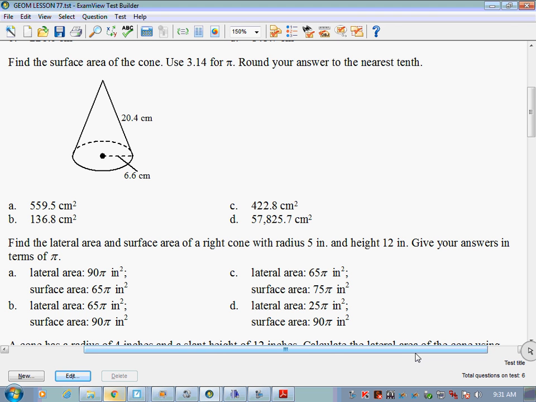I need to find surface area, which means first and foremost, I need to have my formula. Aaron, can you tell me what the surface area formula is? And I want it expanded. I don't want the really short version. I want the expanded version that I gave you. Don't remember?